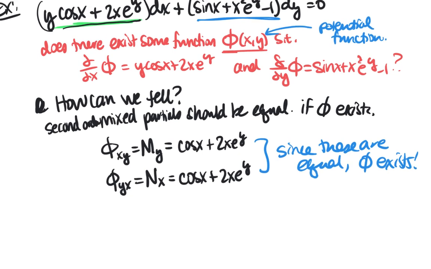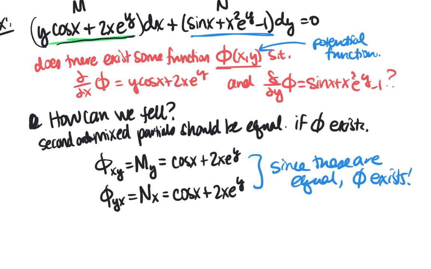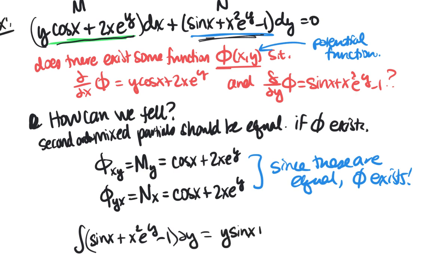Okay, and so what I know then is that this is the partial derivative of phi with respect to x, and this is the partial derivative of phi with respect to y. So I can just pick one or the other and integrate it with respect to x or y. Let's take the one that has the most terms in it, because that might give us what we want the best. If I integrate sine x plus x squared e to the y minus 1 with respect to y, I'm going to get y sine x plus x squared e to the y minus y.